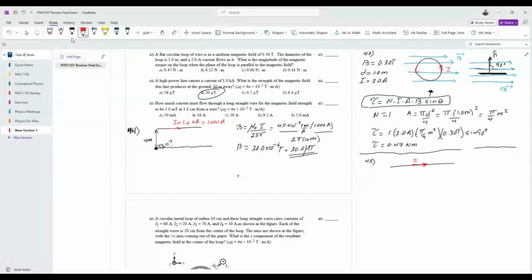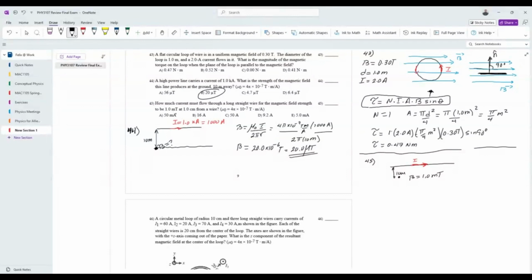And we want to know what is the current, if at 1 centimeter from the wire, the strength of the magnetic field is 1.0 millitesla.